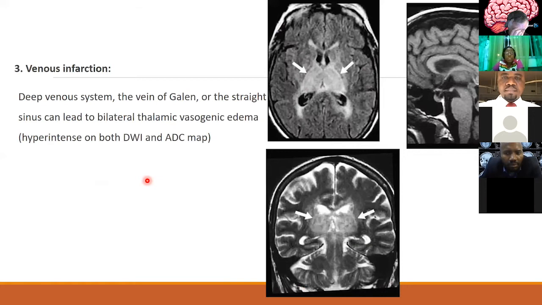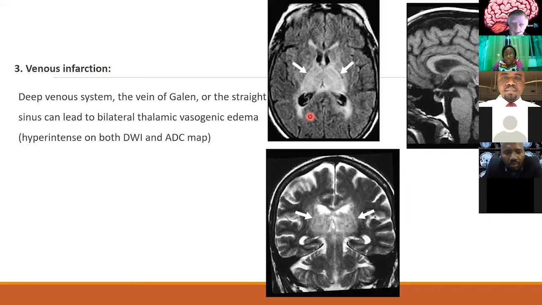Venous infarctions also: the thalamus could be subjected to venous infarctions. For example, the infarction of the vein of Galen or straight sinus thrombosis can lead to bilateral thalamic vasogenic edema.